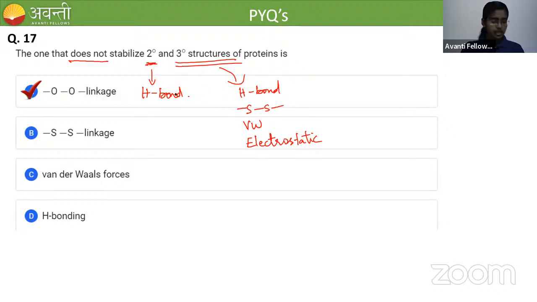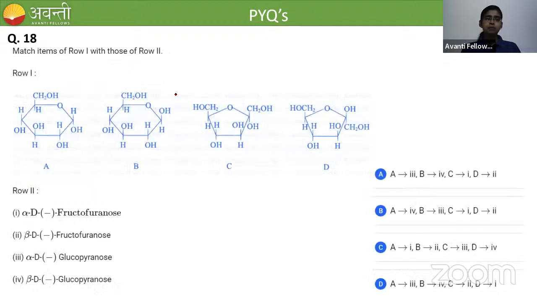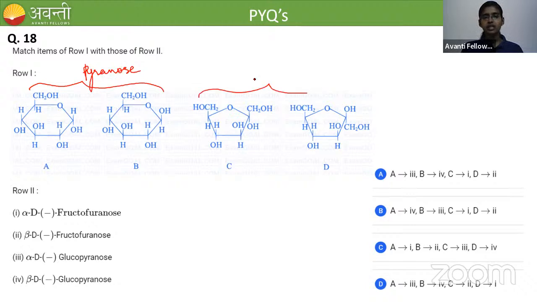And coming to question number 18. Match items of row 1 with those of row 2. You can find 4 compounds on the screen and their names are given in row 2. We have to match. The first 2 compounds have a 6-membered ring and the remaining 2 have a 5-membered ring. Usually the 6-membered rings are called pyranose, since they resemble the pyran ring, and the 5-membered rings are called furanose, as they represent the furan ring.